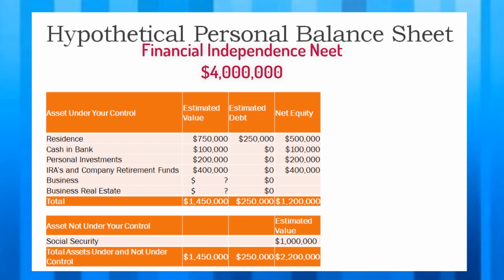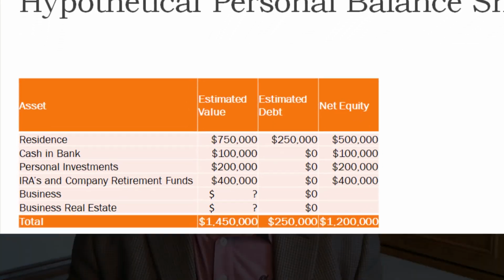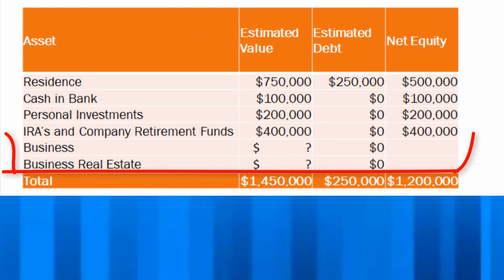Therefore, in this hypothetical example, we have a need for $4 million, and we've identified assets under your control and benefits you'll be able to receive of about $2.2 million. Of these assets under your control, the largest we still don't know the value of yet. The largest assets are your business and business real estate.